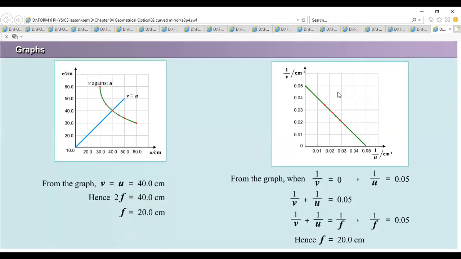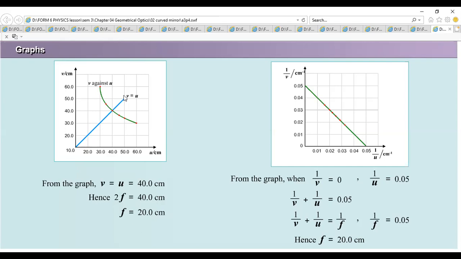So as a result, if we plot a graph of V against U, we will get a curve. If we plot another line where U equals V, the gradient V over U will be the linear magnification.